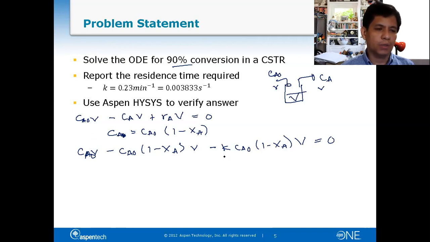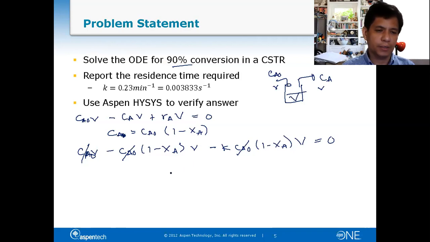So what you can do is you can factor out CA0 tapos lipat ko sa kabila. Mawawala na yung CA0. So it's like canceling this. So, wala na tayong CA0. So ito na lang yung ating design equation natin. As you can see, it's solvable, no? You can calculate the residence time by simply transposing this term to the other side of the equation.